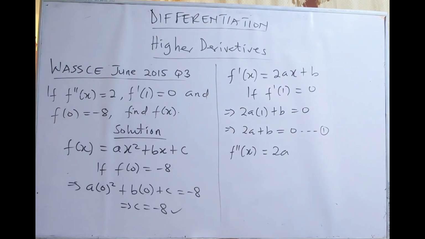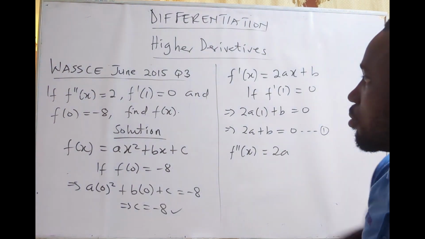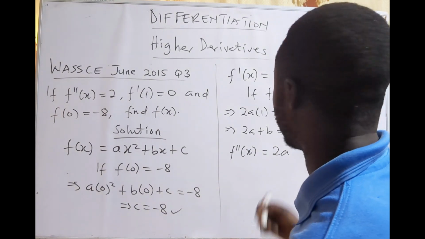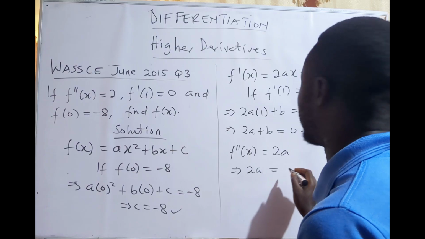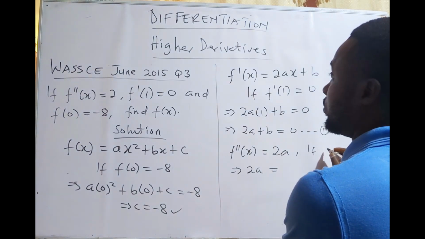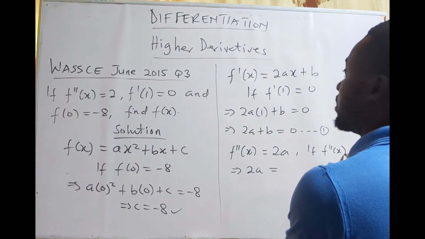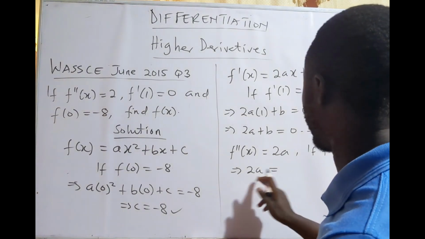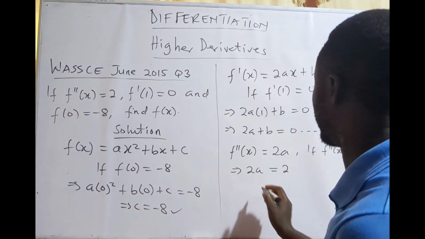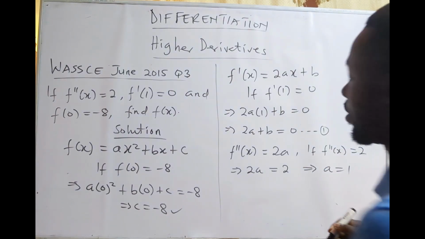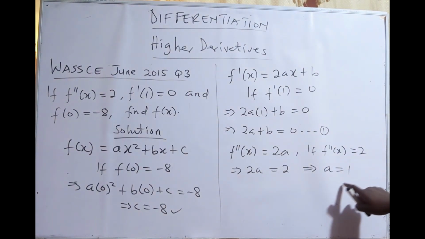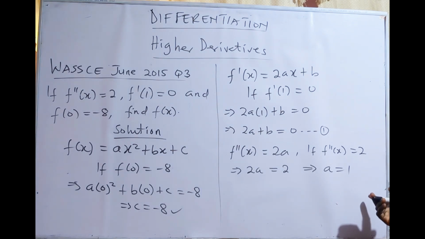All right, then 2a is equal to 2. So if f double prime of x is equal to 2, then it implies that 2a is equal to 2, and a will be equal to 1.